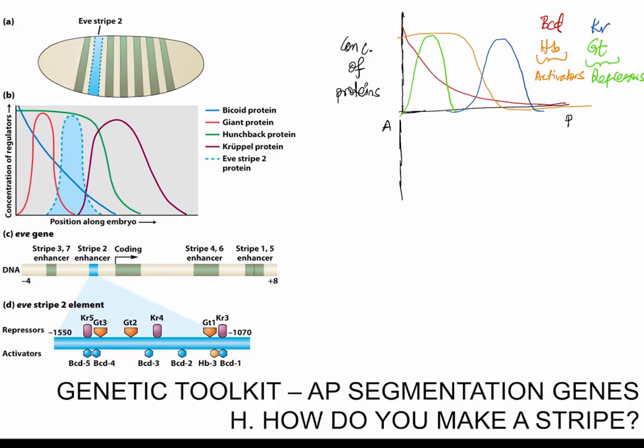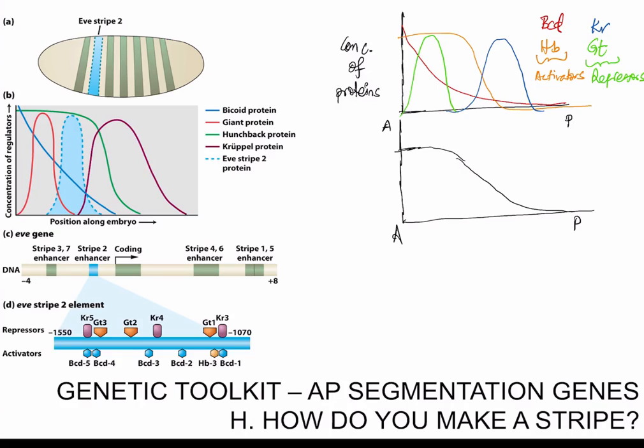So if we look at how even skipped will be expressed only under the control of the activators, just like with hunchback, it will have high expression in the anterior and gradually reducing expression all the way to the posterior.